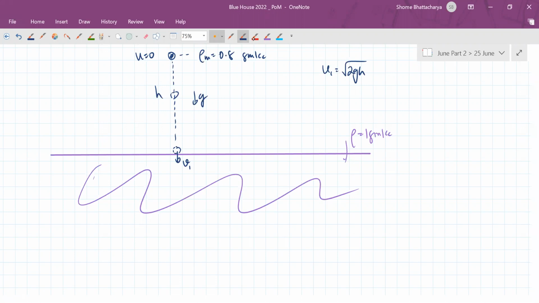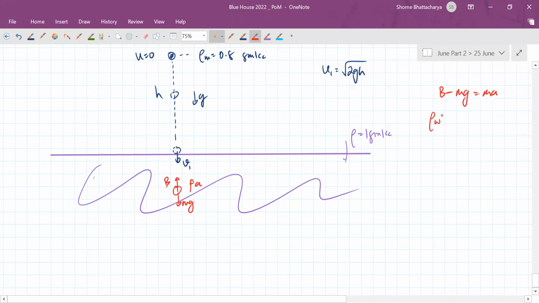Now once it goes underwater, it will have a deceleration because the buoyant force is greater than the weight. So underwater, buoyant force minus weight is equal to mass times deceleration. So density of water into whatever volume of the body into g, minus density of that material into v into g, is equal to density of that material into v into a.